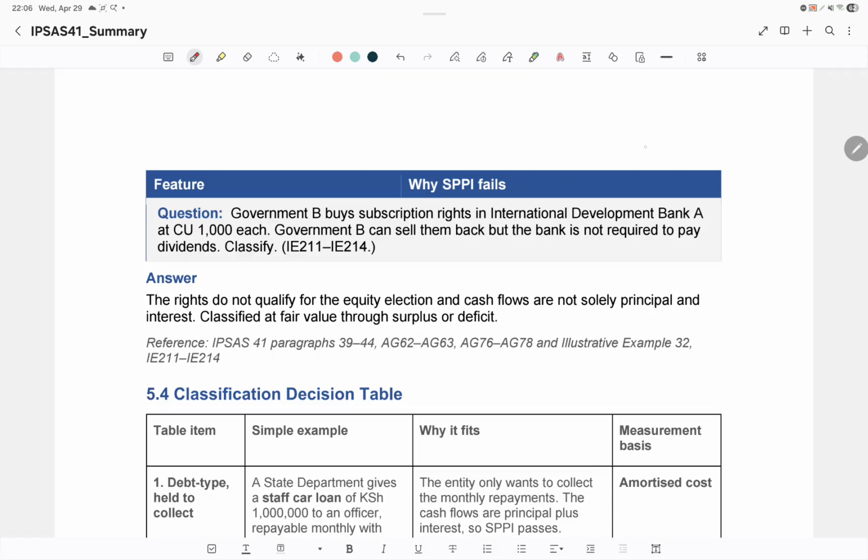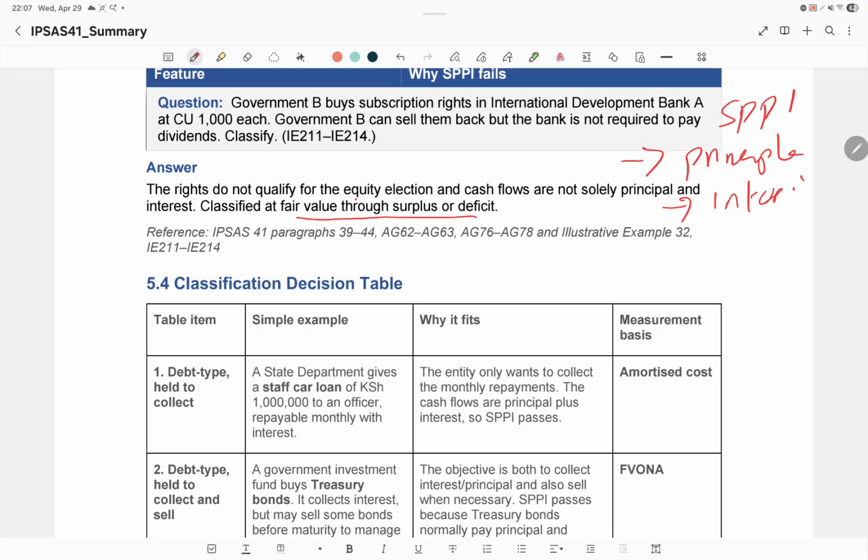This automatically fails the SPPI test because of principal and interest. Just observe, is this like a loan? No. The rights do not qualify for the equity election and the cash flows are not solely principal and interest. Classify at fair value through surplus or deficit.